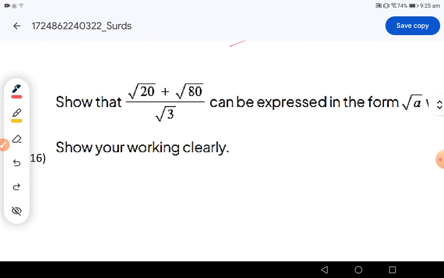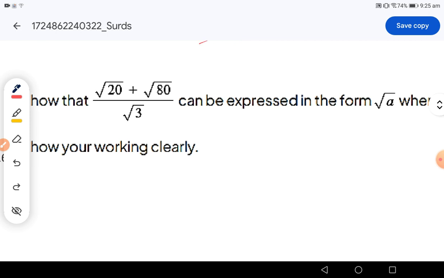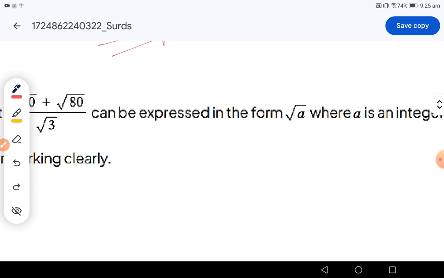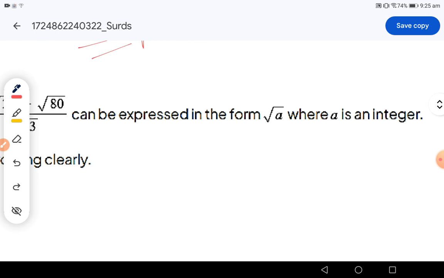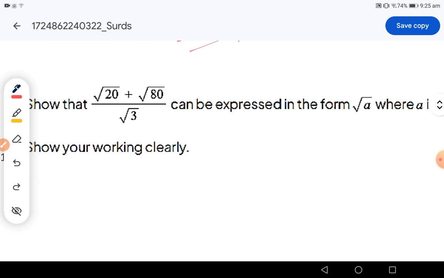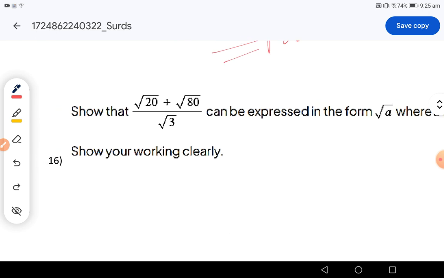Next question. Question: root 20 plus root 80 by root 3 can be expressed in the form root a, where a is an integer. Okay.